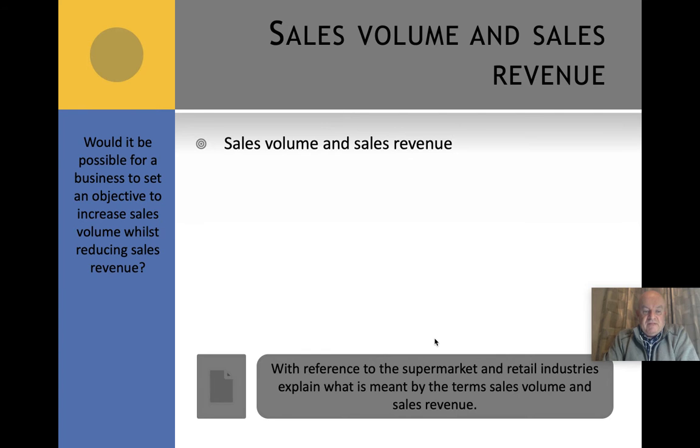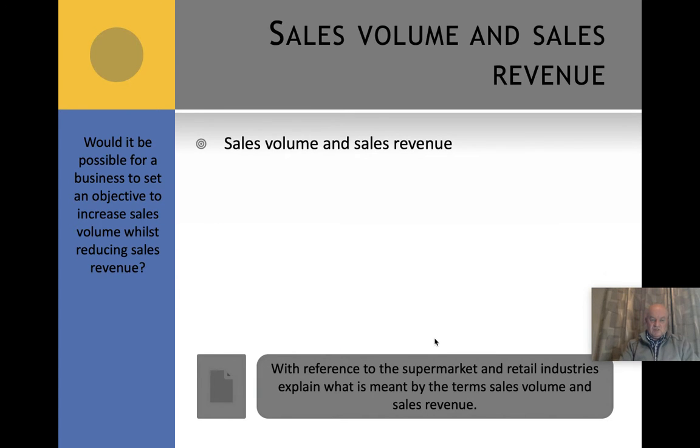Okay, now effectively, we know from what we've looked at in terms of businesses and the objectives that they set, in some cases they might choose to increase sales volume whilst actually reducing sales revenue. Obviously, if we're going to produce more volume, we can sell more volume, we could become a market leader or talk about the growth of our market share, etc. And we could use that in our marketing to be seen as a growing force and becoming bigger.